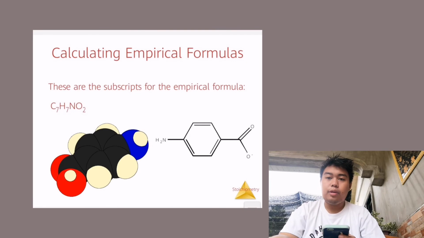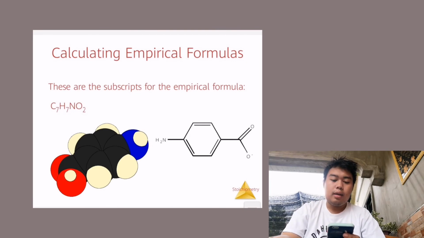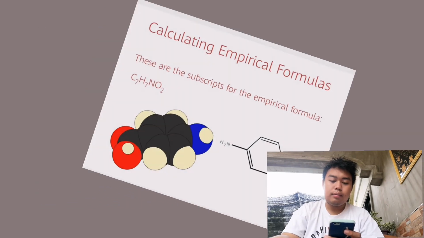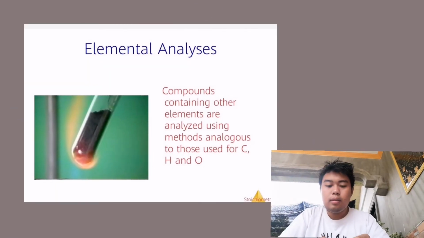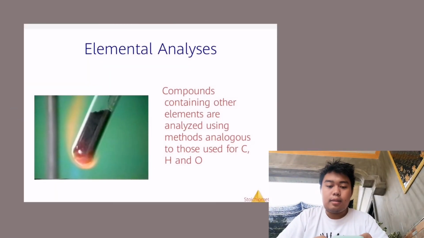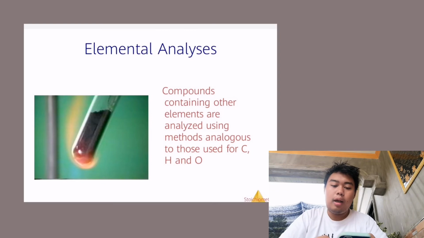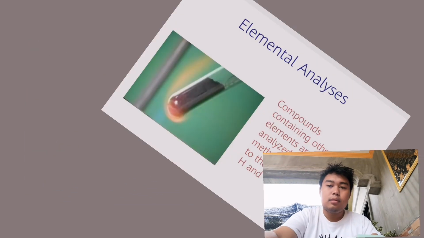Calculating empirical formulas. These are the subscripts of the empirical formula: carbon, hydrogen, and nitrogen. Elemental analysis. Compounds containing other elements are analyzed using methods analogous to those used for carbon, hydrogen, and oxygen.